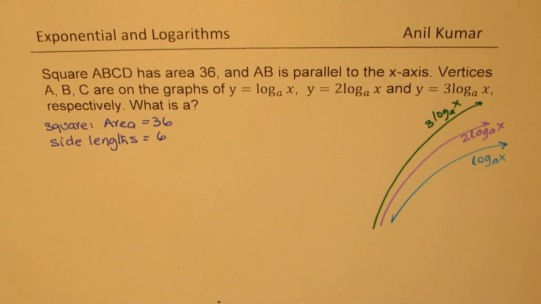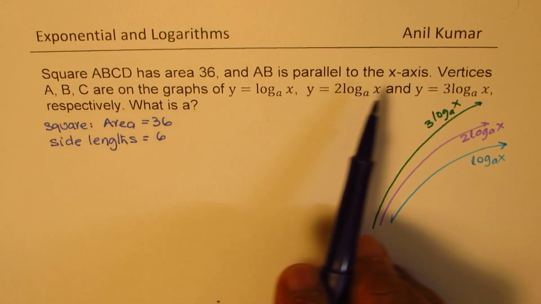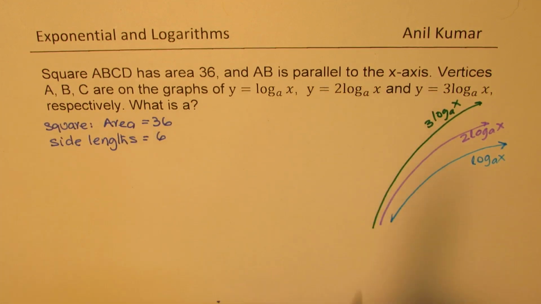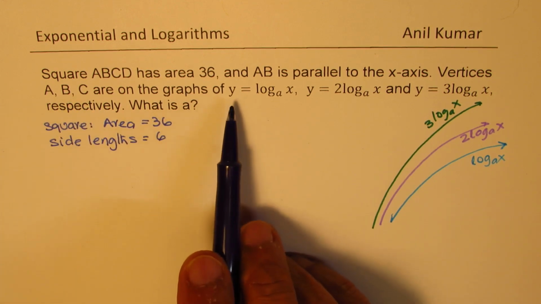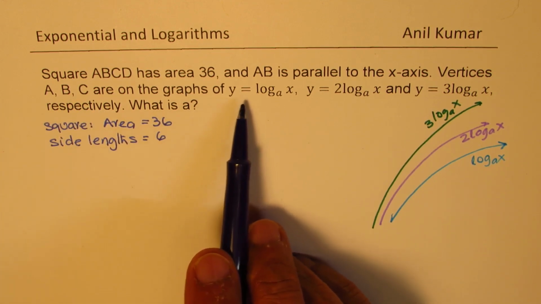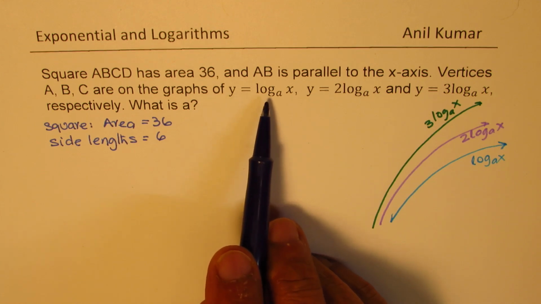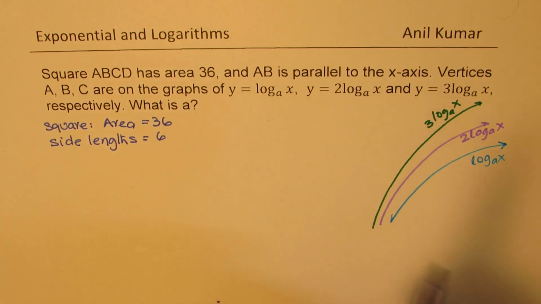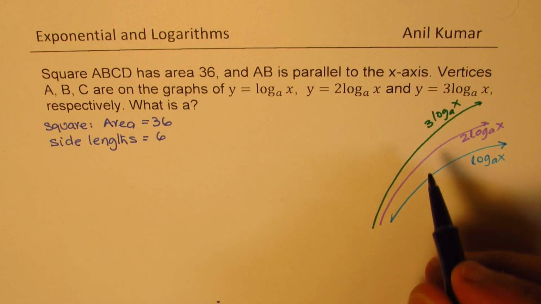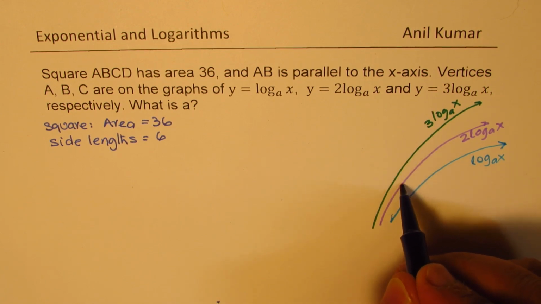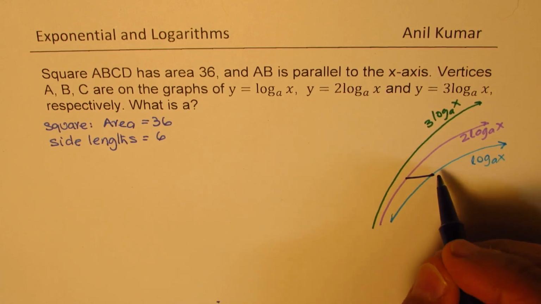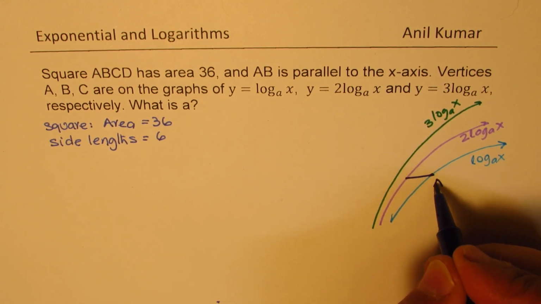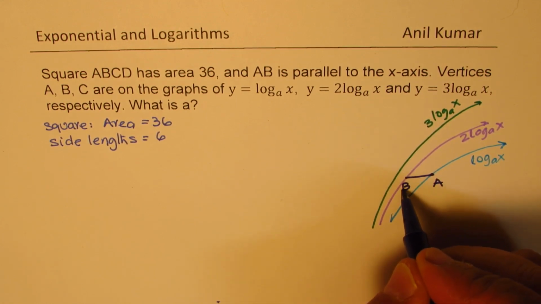So on this graph we have AB, which is parallel to the x-axis, and the vertices A, B, and C are on the graphs. A is on y equals log to the base a of x and B is on 2 log a x. So let us say we have this AB as kind of like this. A is on this graph, B is on this graph.